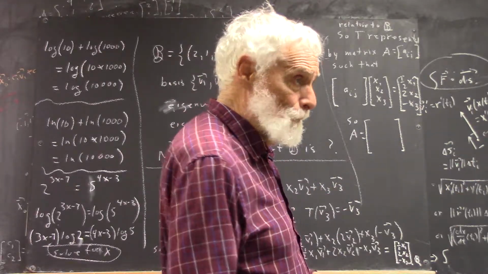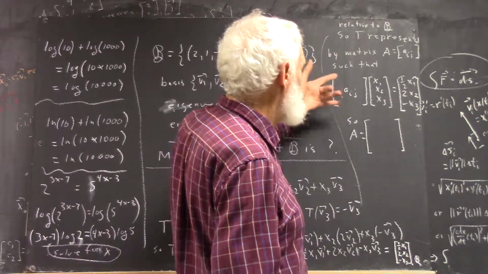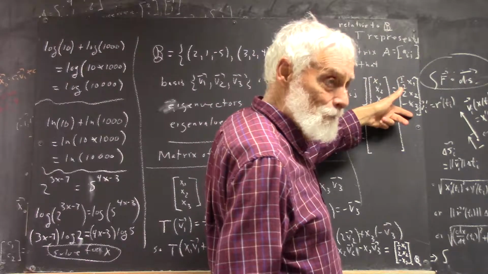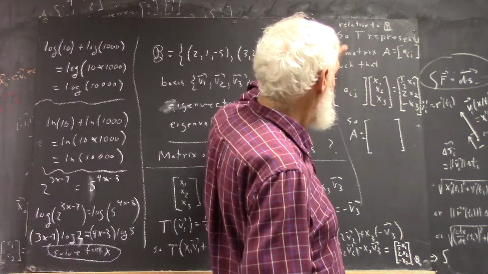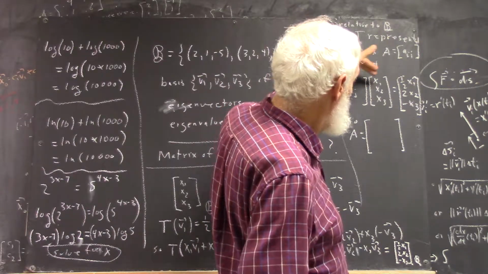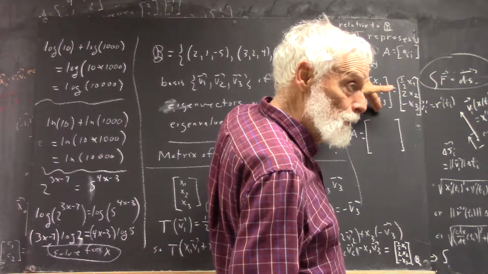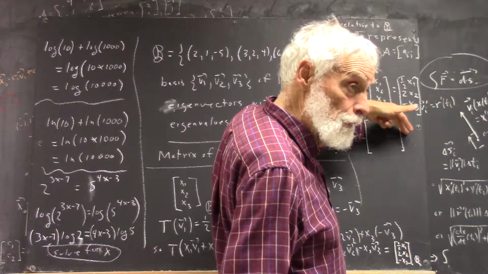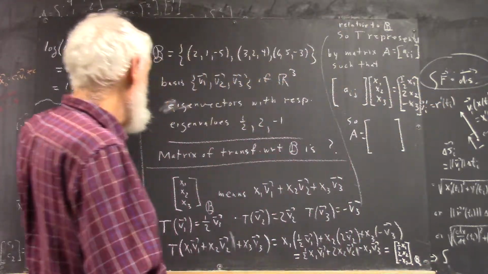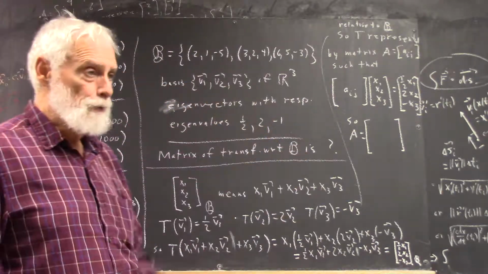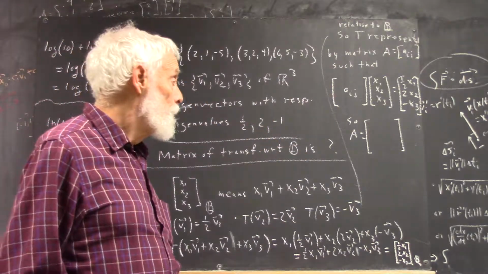Make sure you understand that the reason there are 3 rows is because there are 3 numbers in the column, and the reason there are 3 columns is you need 3 numbers in each row to multiply this. And if it was 4 here and 2 here, your answers would be different. In this context, you're not going to have that because you have a basis consisting of eigenvectors, okay?